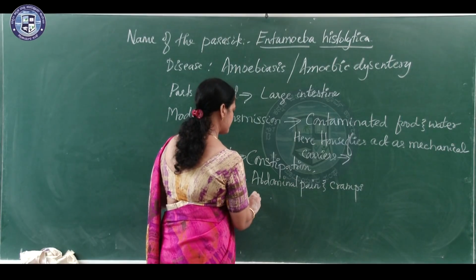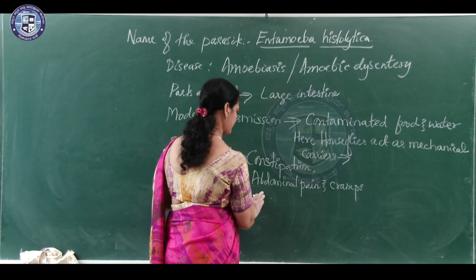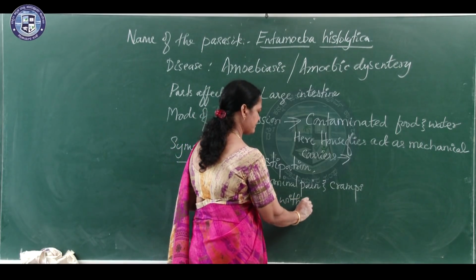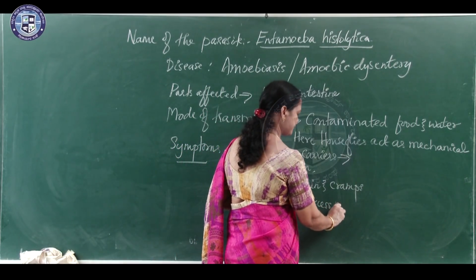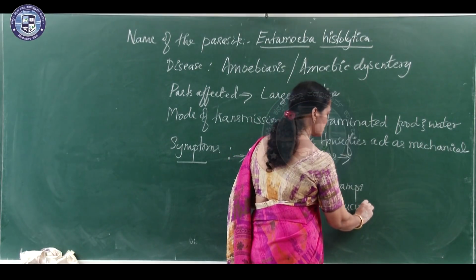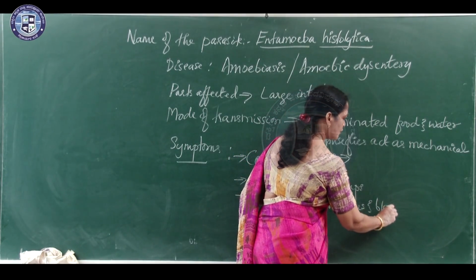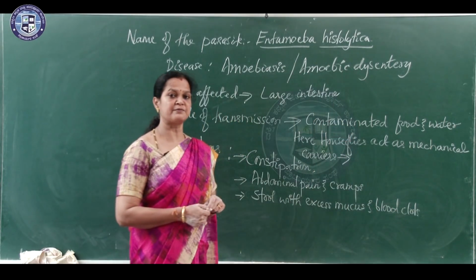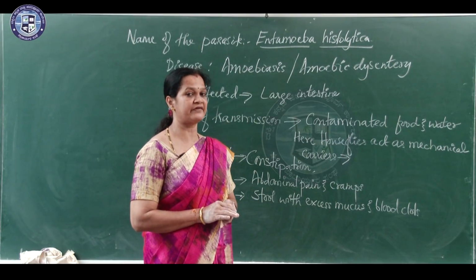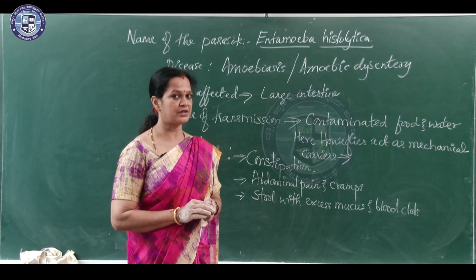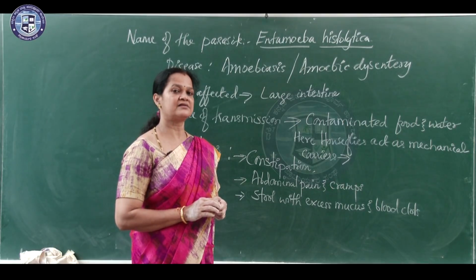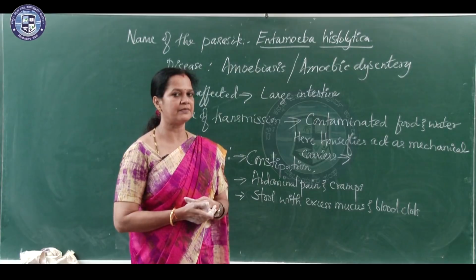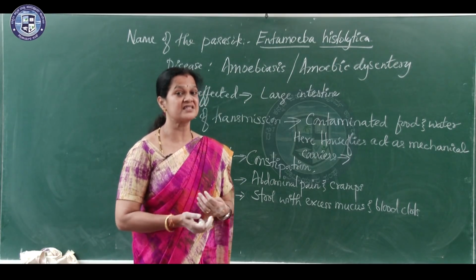Then apart from that, stool with excess mucus and blood clots. Stool with excess mucus and blood clots is the identification mark of this infection. And stomach upset, because the mucus and blood clots are there, definitely there will be stomach upset or dysentery.